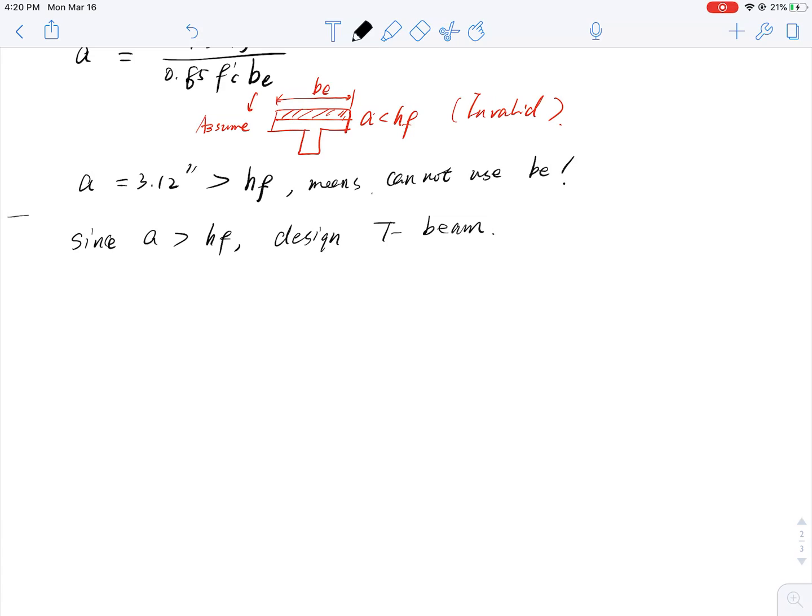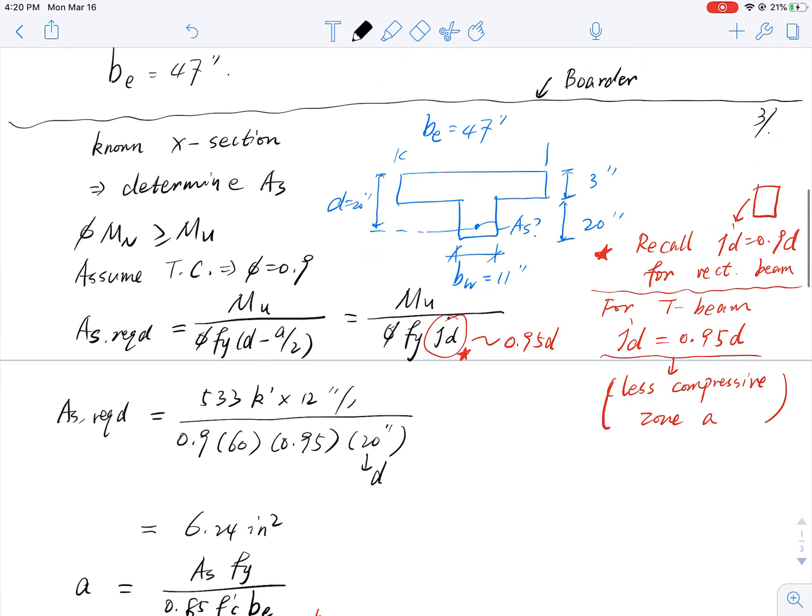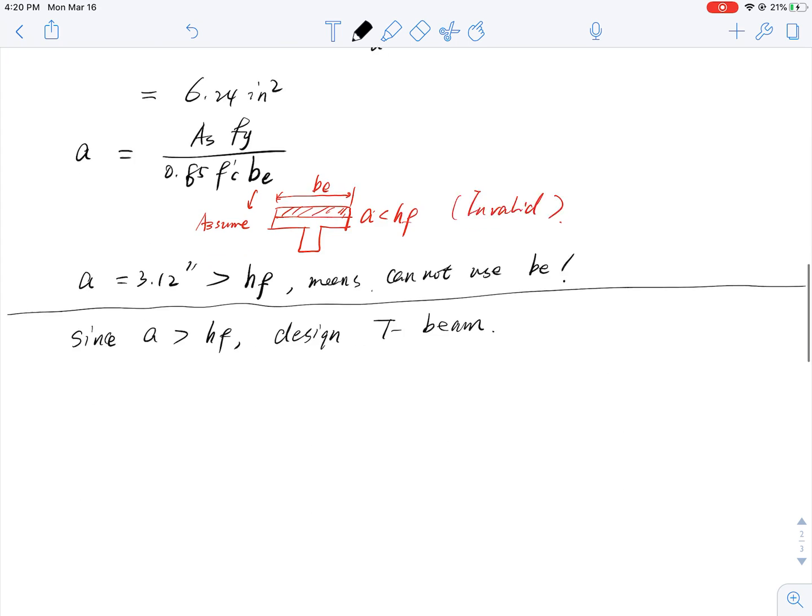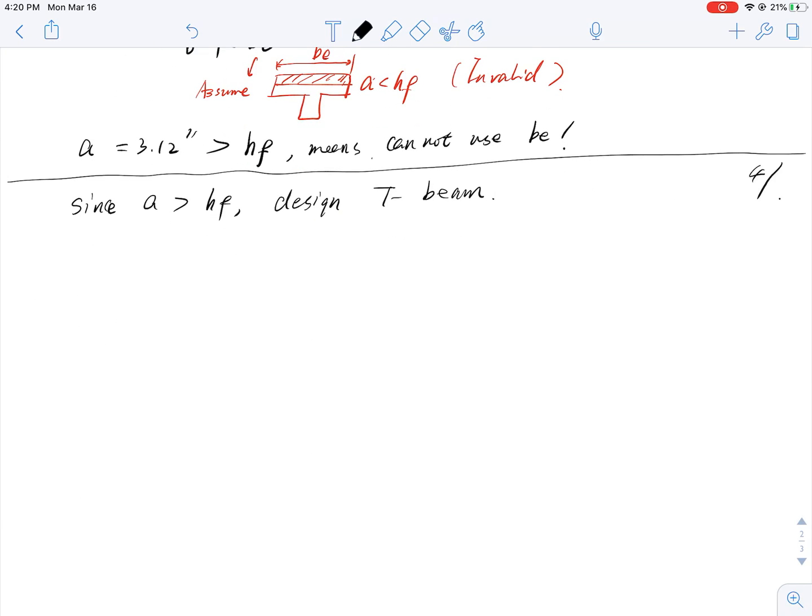Okay, so how to do that? This is slide number 4. Now remember we said we're going to assume the compressive zone size has two components. One is this part, and the other is the web part.